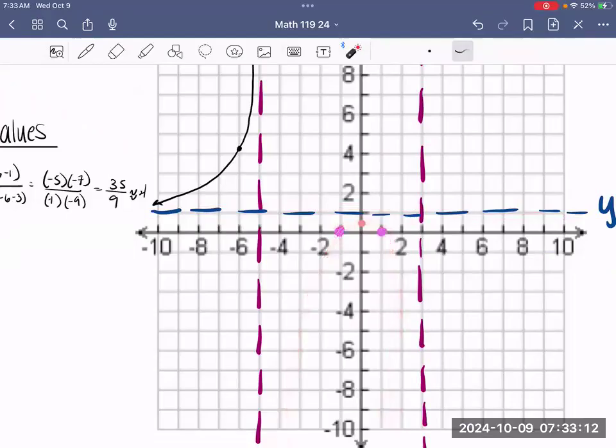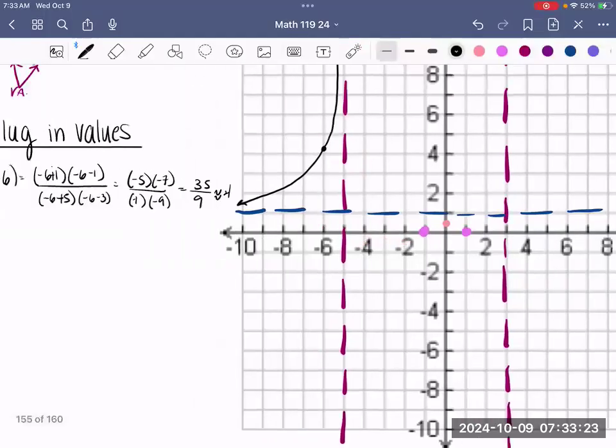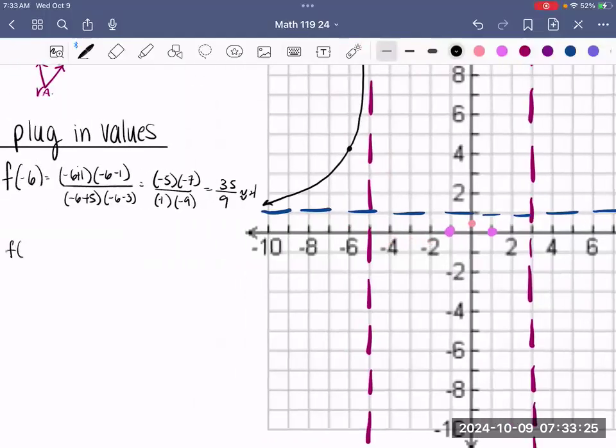Because it looks like if we were to connect these, it's then going downwards. If we want to graph more, we certainly could. We could graph -4, -3, -2 to figure out, okay, well, maybe your graph does start from up here. So if we wanted to do that, we certainly could. So f of -4, -4 plus 1, -4 minus 1, -4 plus 5, -4 minus 3.